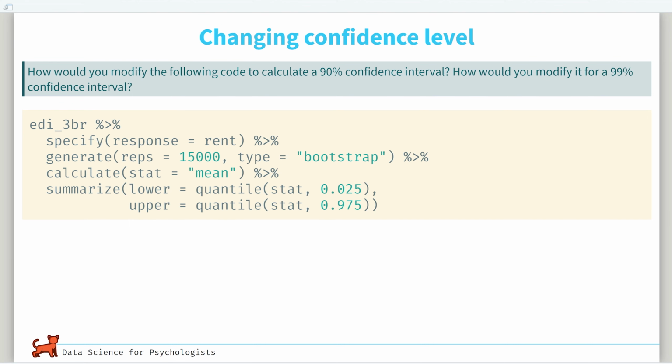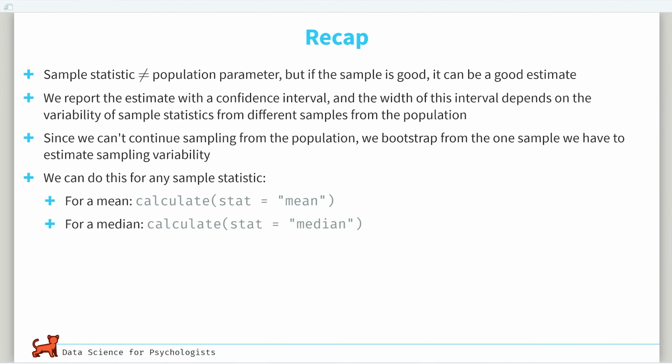So just to recap, a sample statistic is not a population parameter, but if the sample is good, it can be a good estimate. And we report the estimate with a confidence interval, and the width of this interval depends on the variability of sampling statistics from different samples from our population.